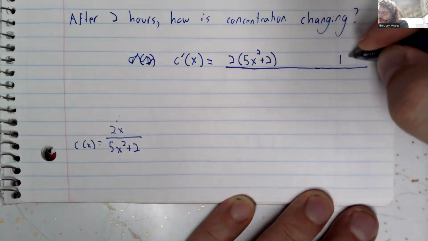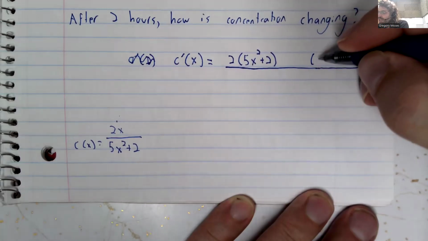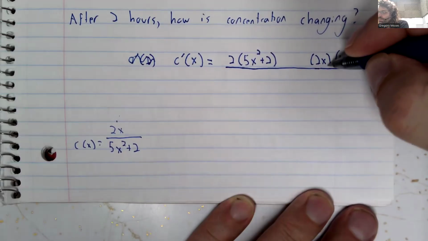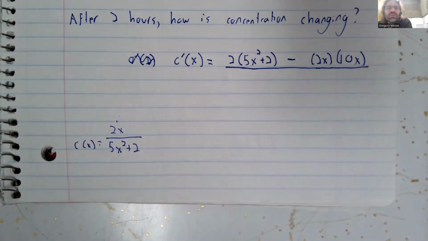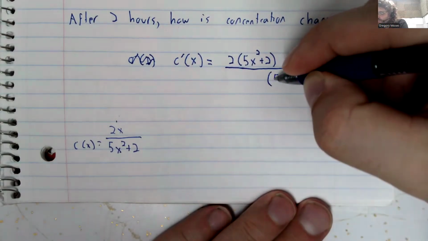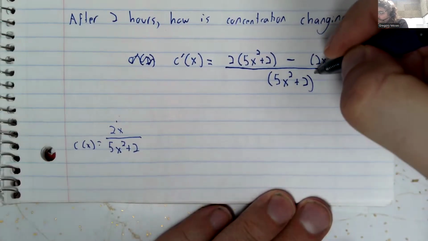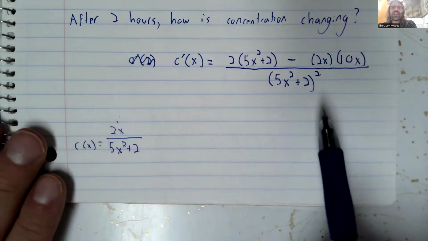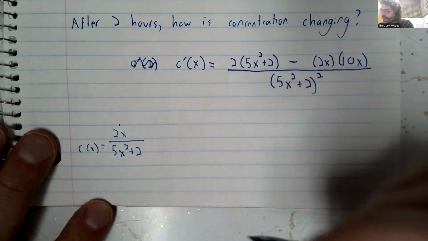So the derivative of the bottom is 10x. And we're multiplying it by the top. And then we're subtracting those. So 2 times 5x squared plus 2 minus 2x times 10x. And then the denominator, we are not taking any derivatives, but we are squaring it. 5x squared plus 2, that quantity squared.